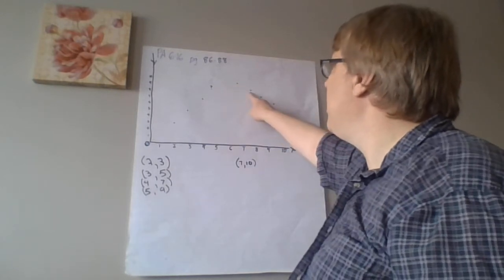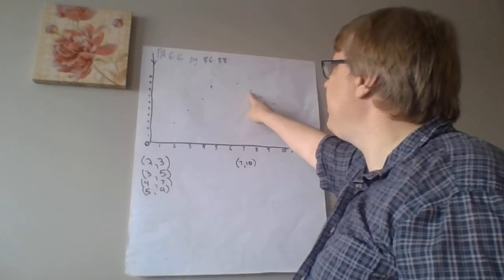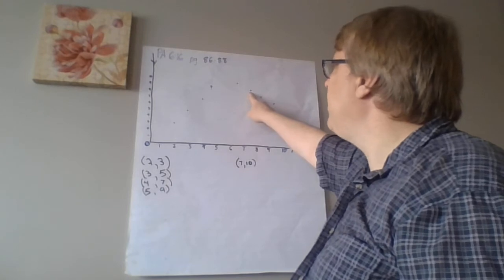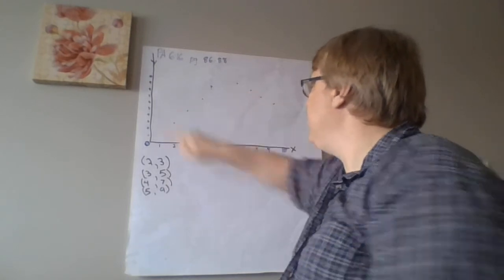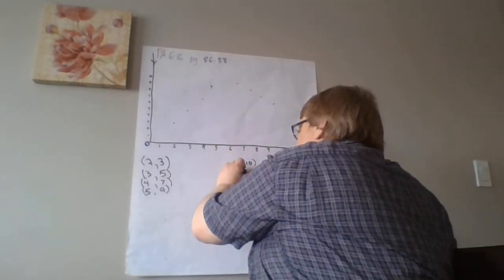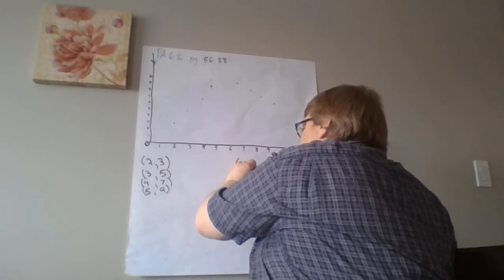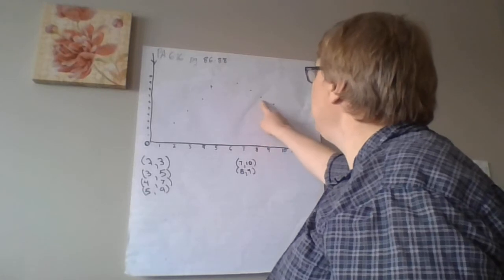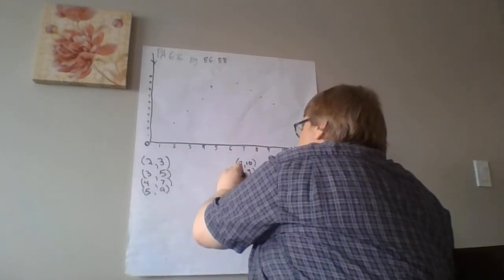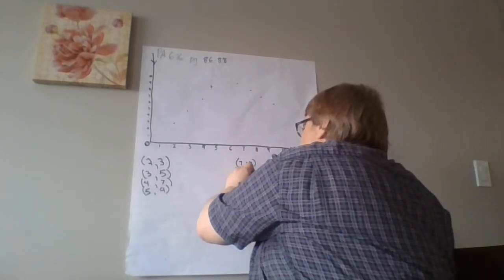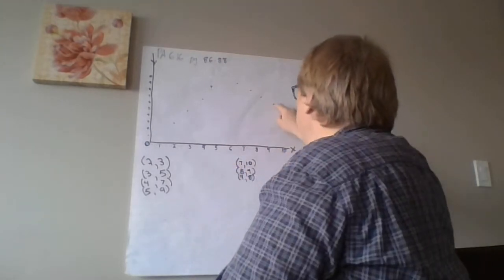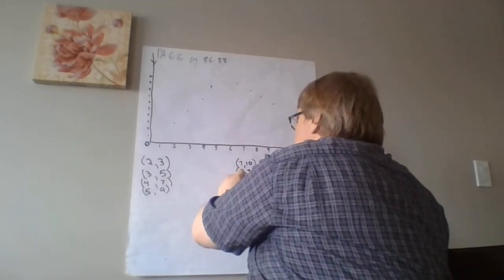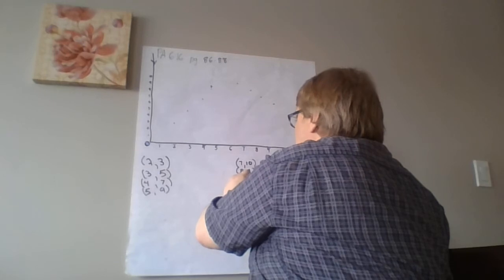Oh, look, we have another dot. It is (8, 9). Oh, then we have another dot, (9, 8). Oh, and finally we have one more, which is (10, 7).